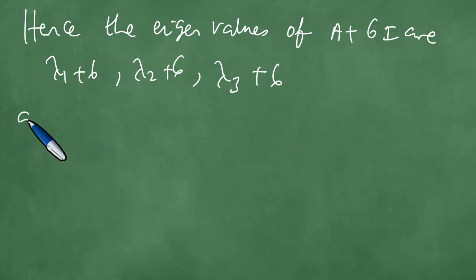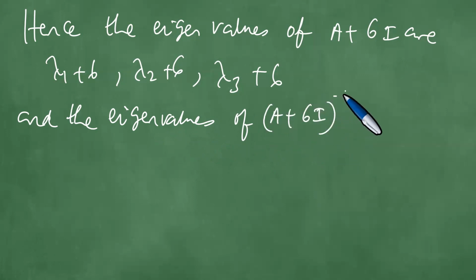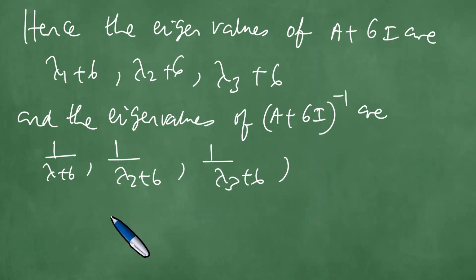And the eigenvalues of A plus 6I are 1 out of lambda 1 plus 6, 1 out of lambda 2 plus 6, 1 out of lambda 3 plus 6, and so on.